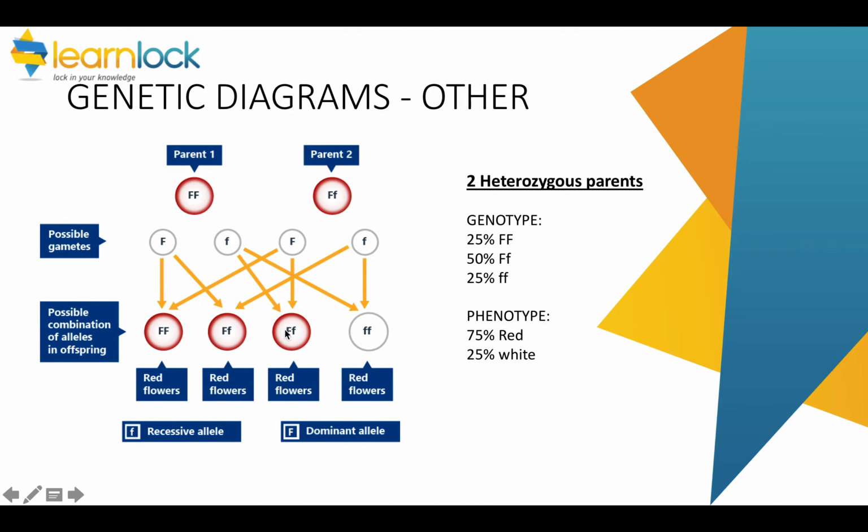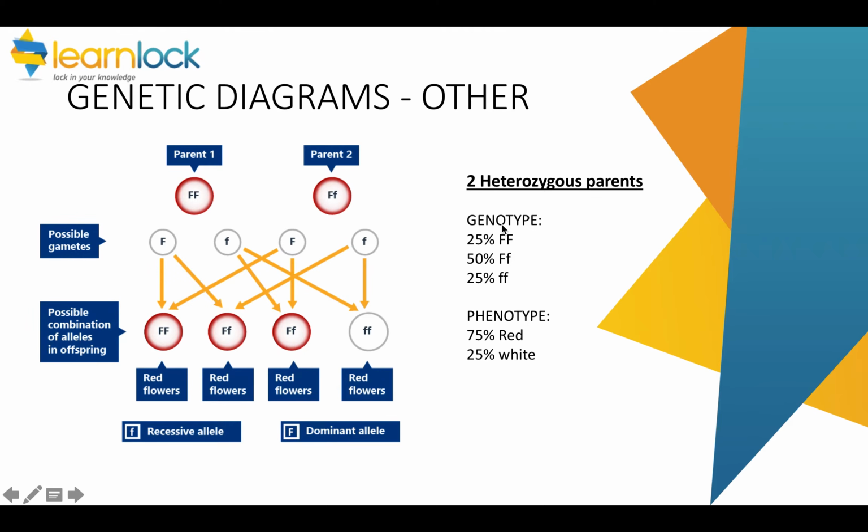There's a 50% chance of a large F, little f being passed on, so an allele from parent 1 and an allele from parent 2. In this case, they would still have red flowers, but they would be carrying the white flowered allele here, but they would have red flowers. And there's a 1 in 4 chance of the 2 recessive alleles coming together and the flower being white.